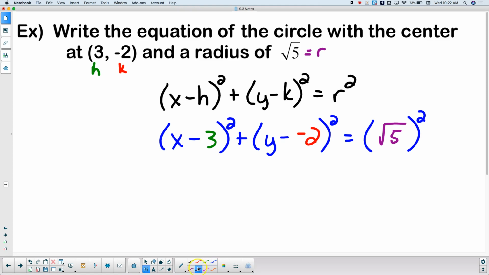Okay, so that one's going to stay x minus 3 quantity squared. With me? What about this one? No, that one I don't like. Do I like minus and negative? What do I like instead? Plus. So y plus 2?